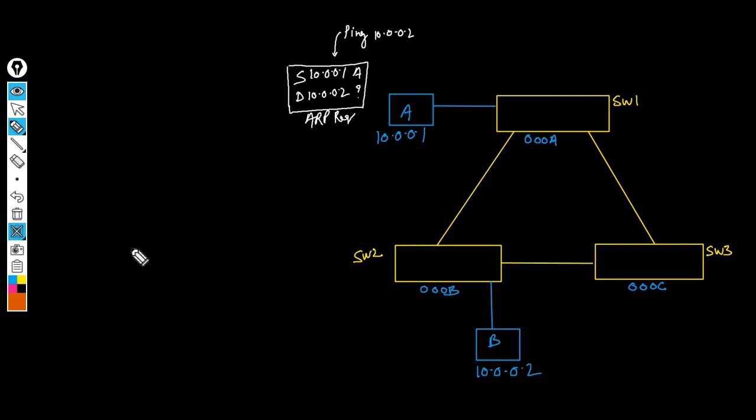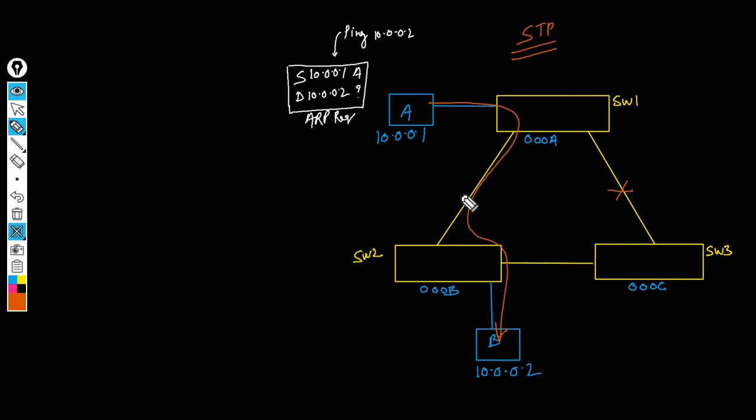So how exactly can you avoid these layer 2 bridging issues? You can avoid this by using a protocol, which is basically your STP, spanning tree protocol. STP is going to help you avoid layer 2 bridging loops by logically disabling one of the links, and your communications will take place like this.